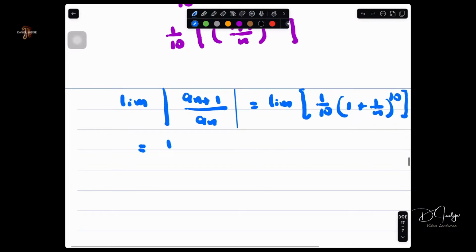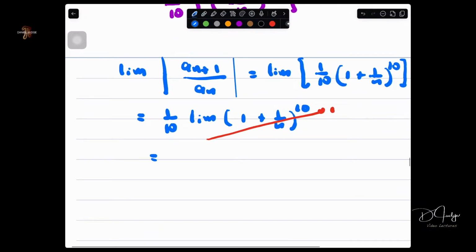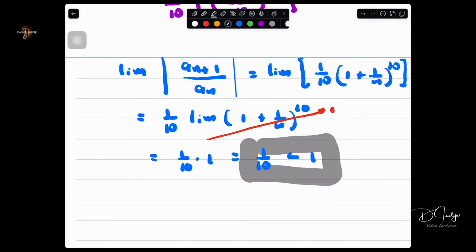So we can factor out the constant, or pull out the constant, by properties of limits. And we know this limit goes to 1. And 1/10 times 1 equals 1/10, which is strictly smaller than 1. This is what we're looking for. That means the series converges absolutely by the ratio test.